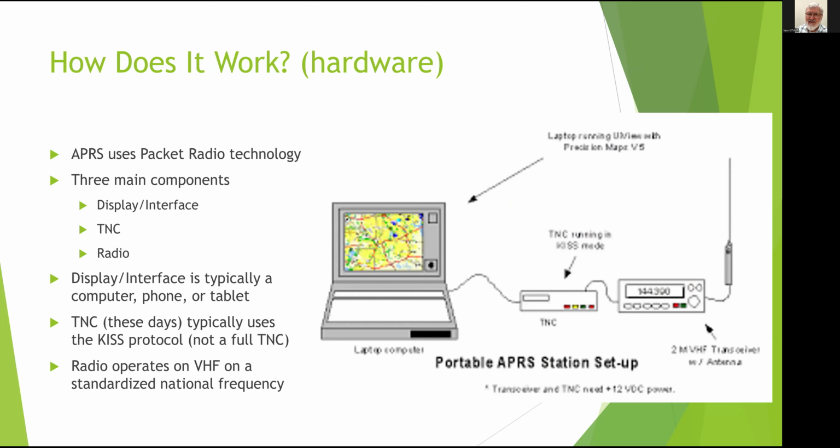In fact, one of the original uses of APRS was whenever they would have the Army-Navy football game, they would move the football from wherever its starting location was to wherever the game was. And they put an APRS device on the football so they could track where the football was as it moved around to get to its location. So kind of a cool thing.